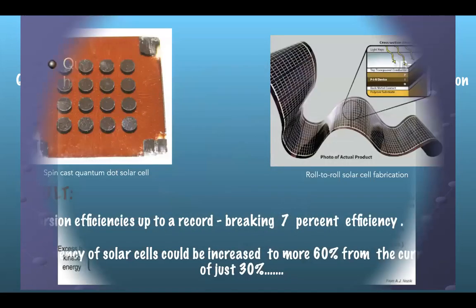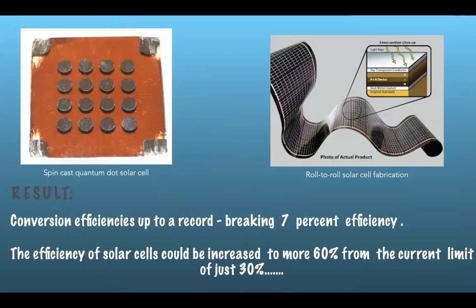Next, here is the picture of the spin-cast quantum dot solar cell, and here is roll-to-roll solar cell fabrication. You can see the picture clearly there, and the result of this is a record-breaking conversion efficiency of 7%.